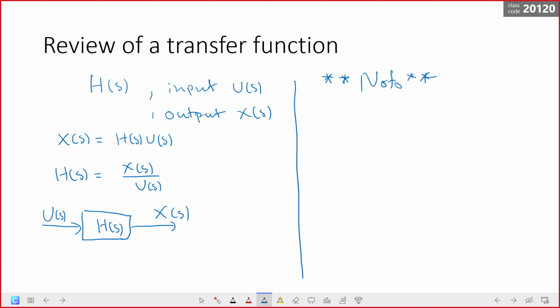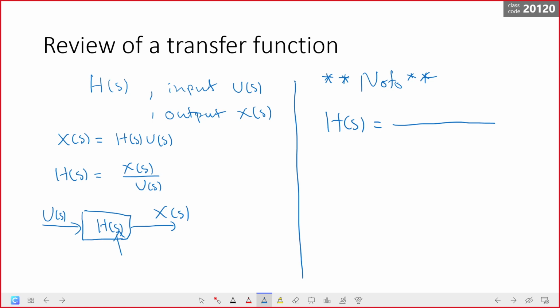Okay, h of s is a fractional function described by Laplace variable s. So fractional function means both numerator and denominator are polynomial.